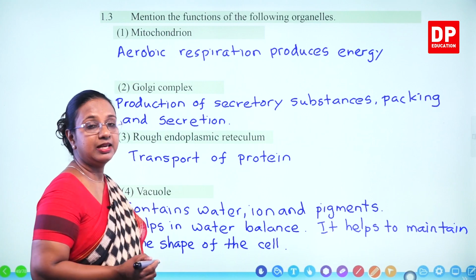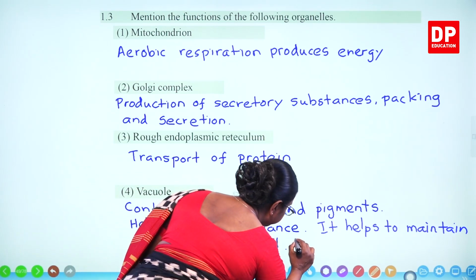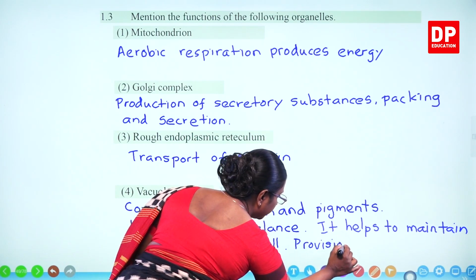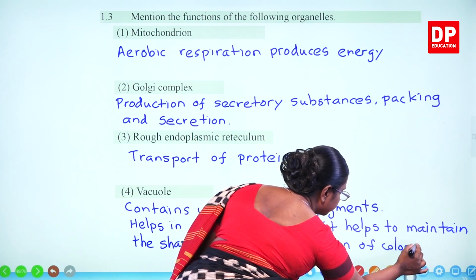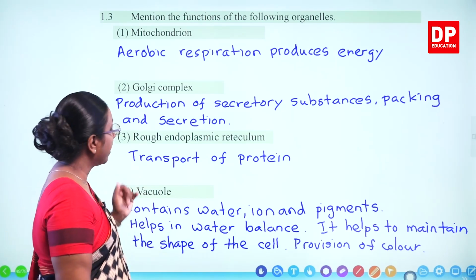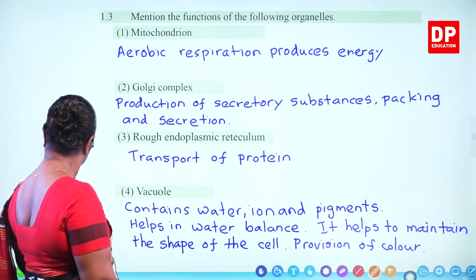And finally, it gives color to the cell. Provision of color. So, those are the functions of the vacuole. We will move on to the next slide.